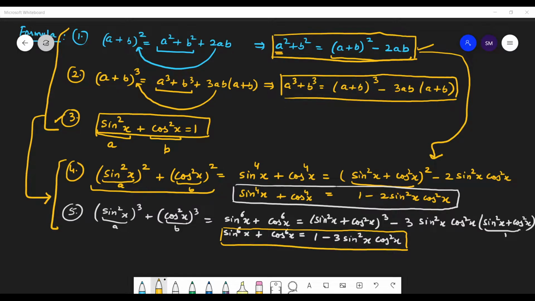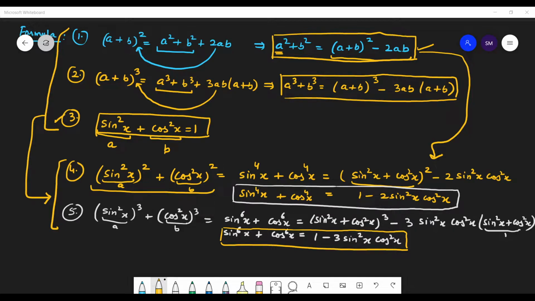Sine theta upon cos theta, that is equal to tan theta. That's the first formula that we are going to use. The second formula will be sine theta is equal to 1 upon cosecant theta, or you can say cosecant theta is equal to 1 upon sine theta.